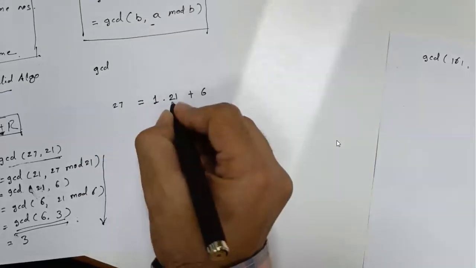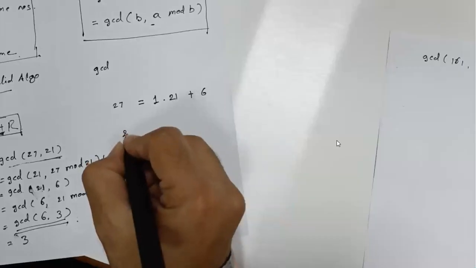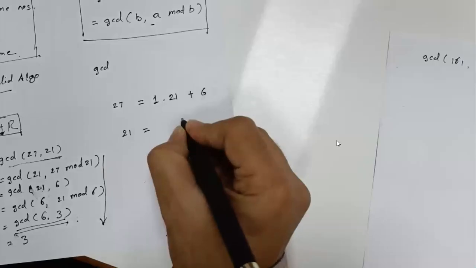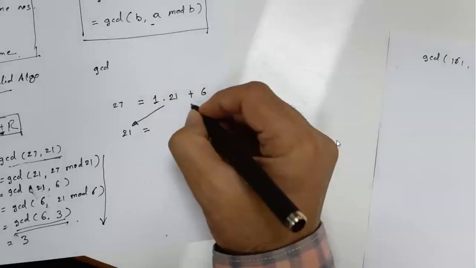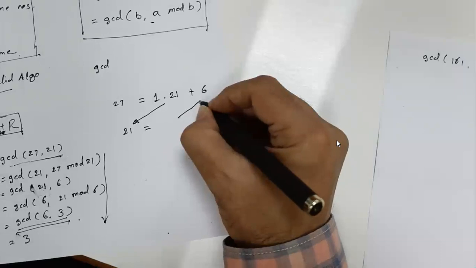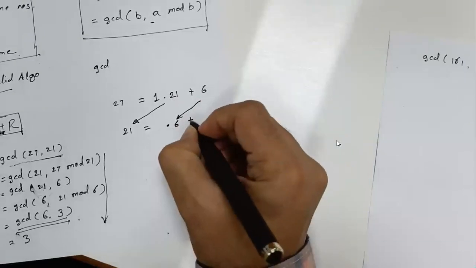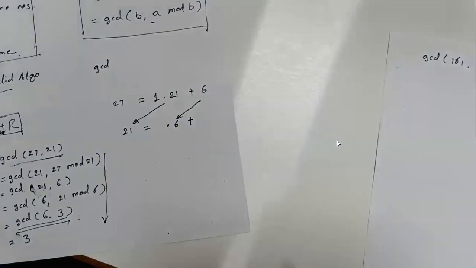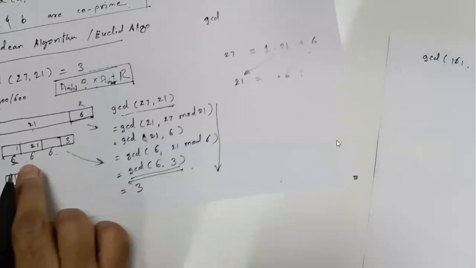Next time, what you do is you take the divisor on the left hand side. So you do this. You find out the new quotient and new remainder. What is that? So this is actually 3 and 3.